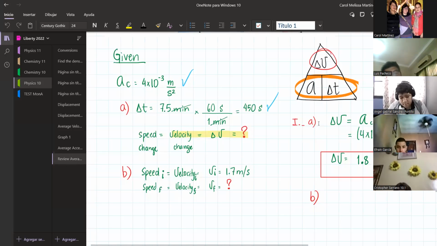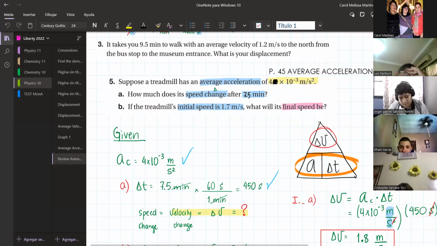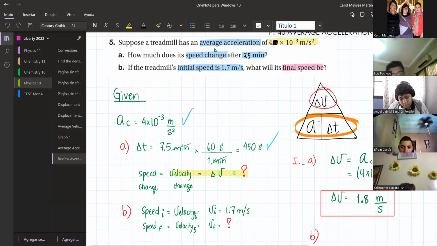In part B, it says, if the initial velocity is 1.7 meters per second, what is going to be the final velocity? So in this case, we need to analyze and isolate for the final speed.